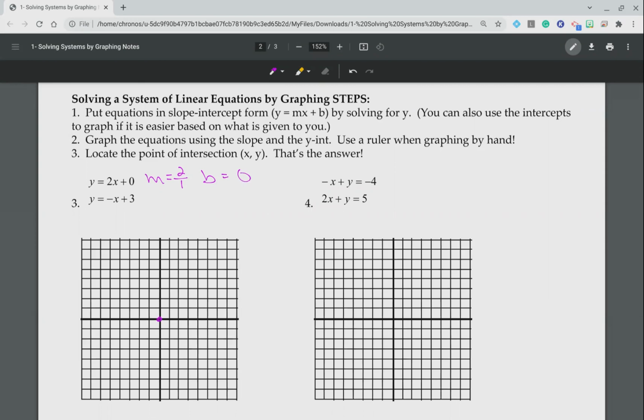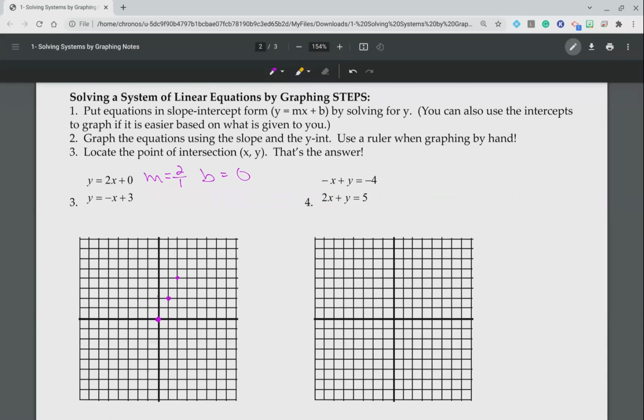So I'm going to start at 0 and go up 2/1, up 2/1. You do want to use a straight edge when you're graphing because it's going to make these more accurate. And there's my line.